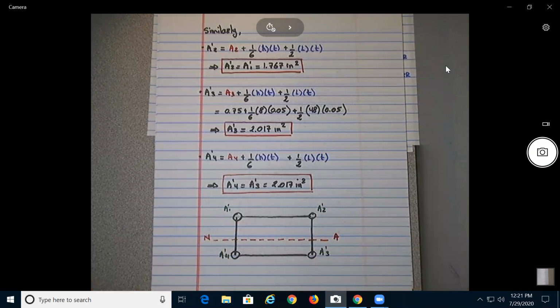So in other words, the neutral axis is going to go through the centroid. This is more solids than statics. How do you find the location of the center of gravity? What is the physical meaning of the center of gravity?